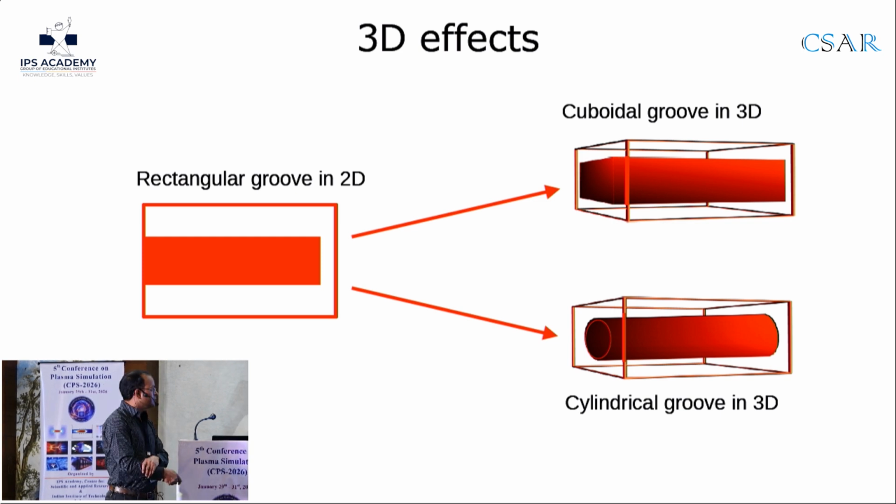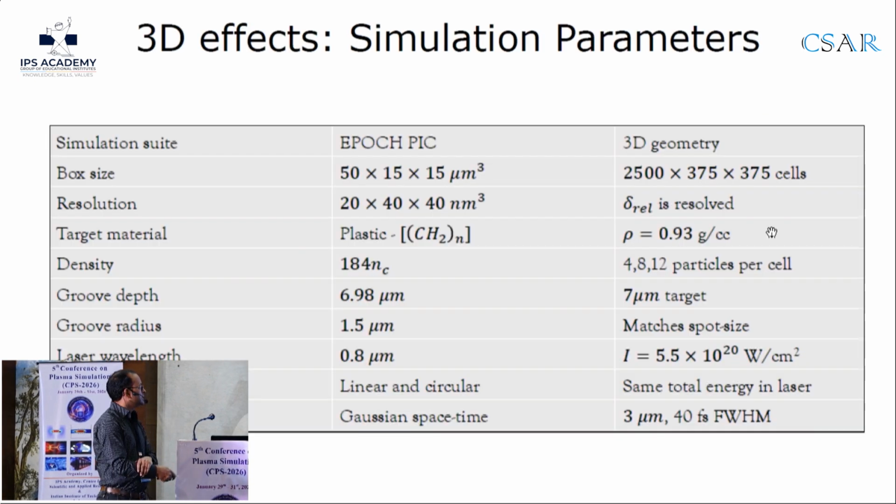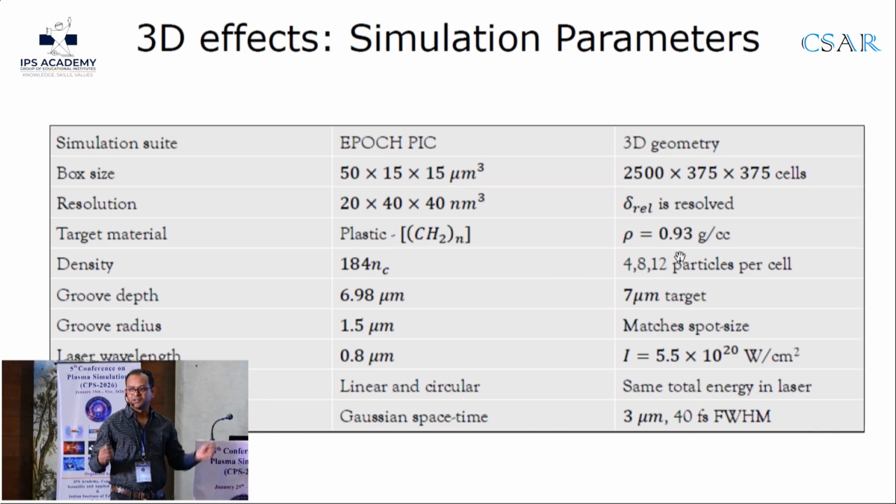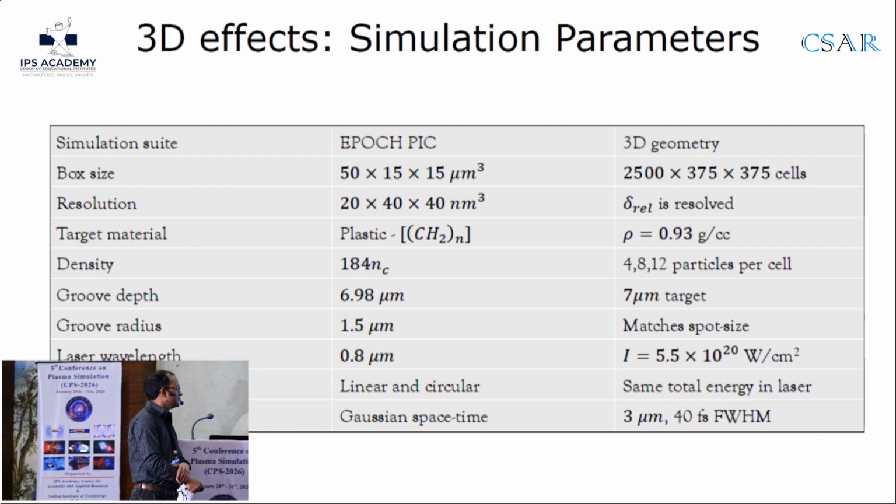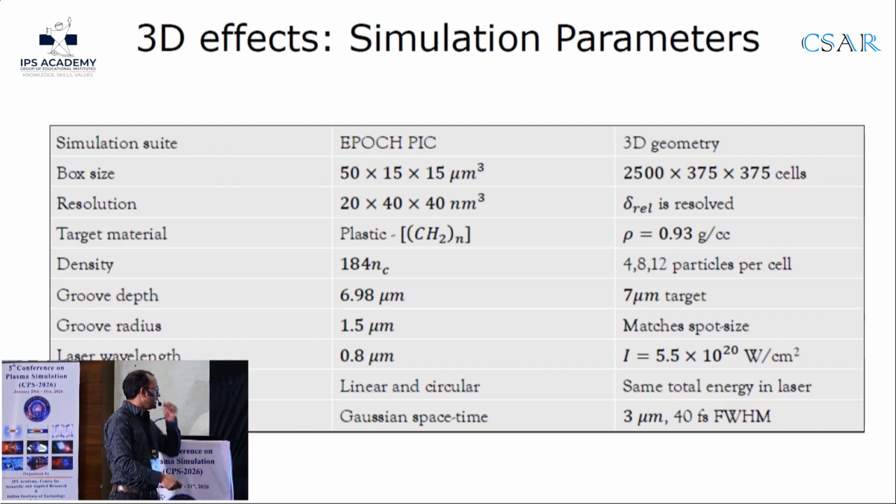These are the parameters which we have used, again using EPOCH, and the density we have taken as 184. Of course, we are limited by the number of particles per cell because it increases the memory load quite a bit. And for polarization we have tried both linear and circular, but I have results only for linear here.